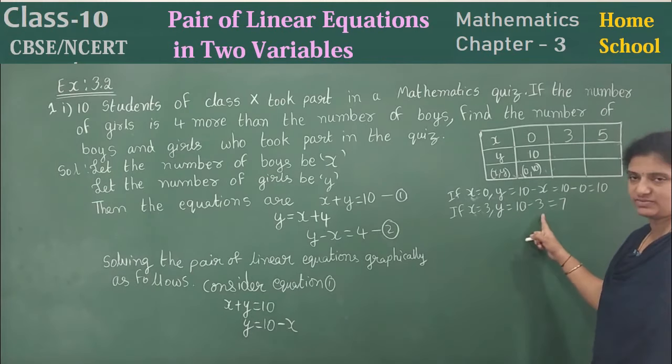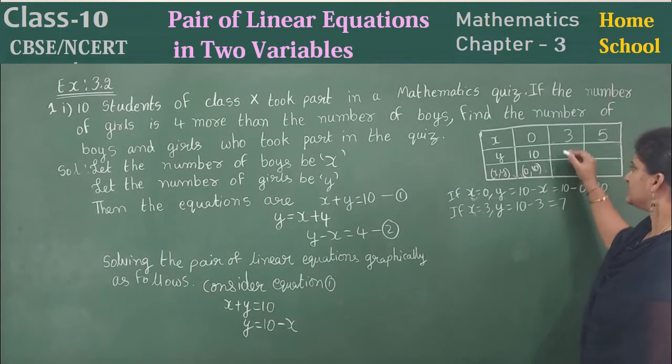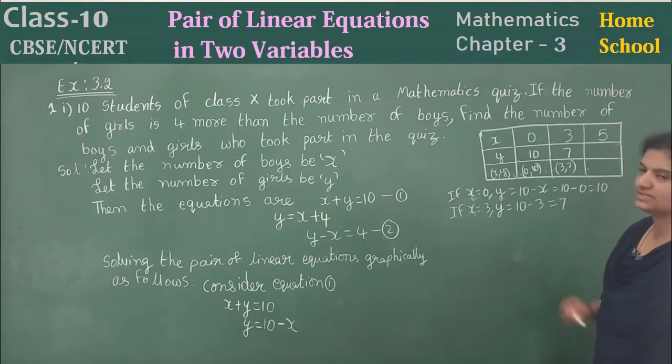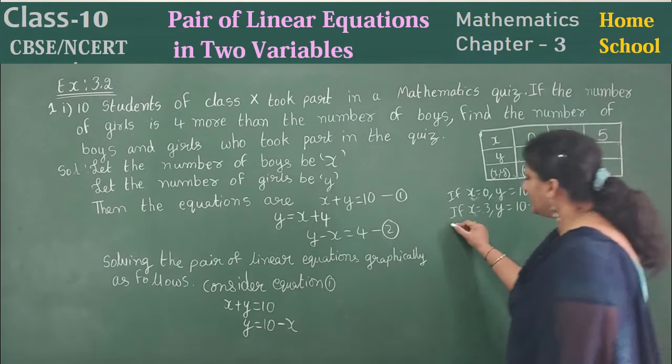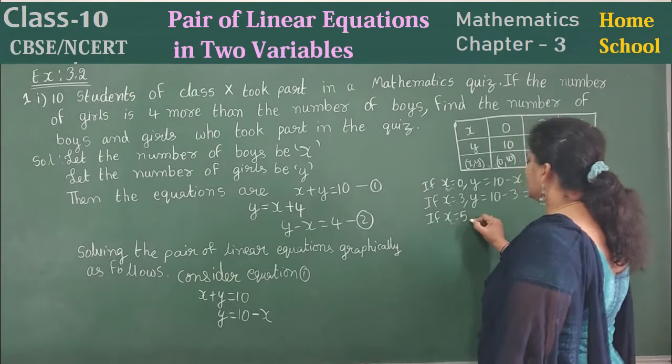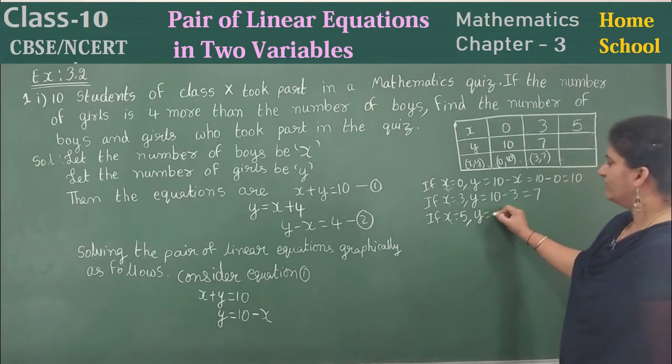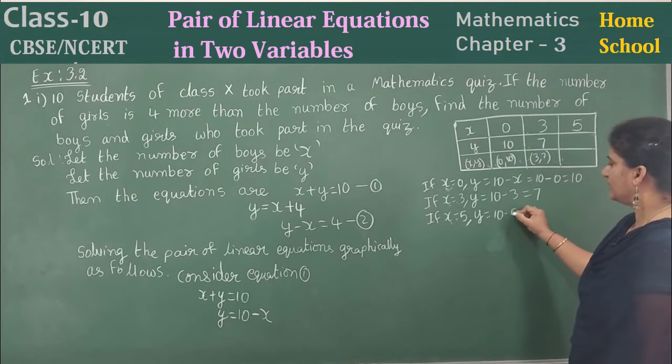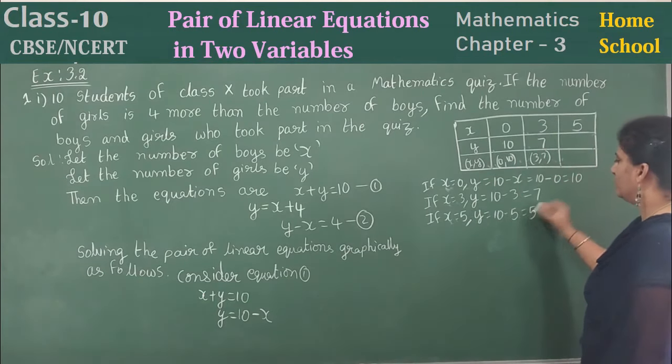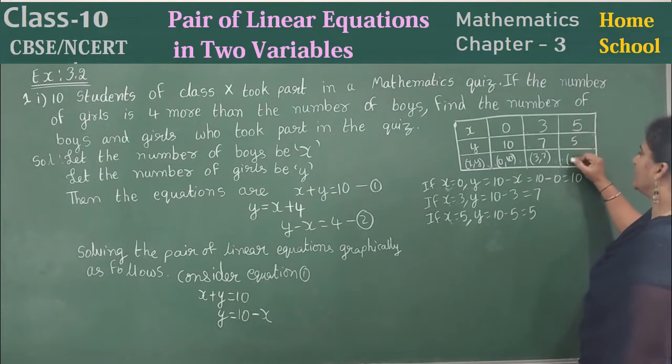Here directly I have substituted, no problem. 10 minus 3 will be 7 and your coordinate will be (3, 7). And see the third one, x is equal to 5, y is equal to 10 minus 5, that will be 5. (5, 5) is your coordinate.